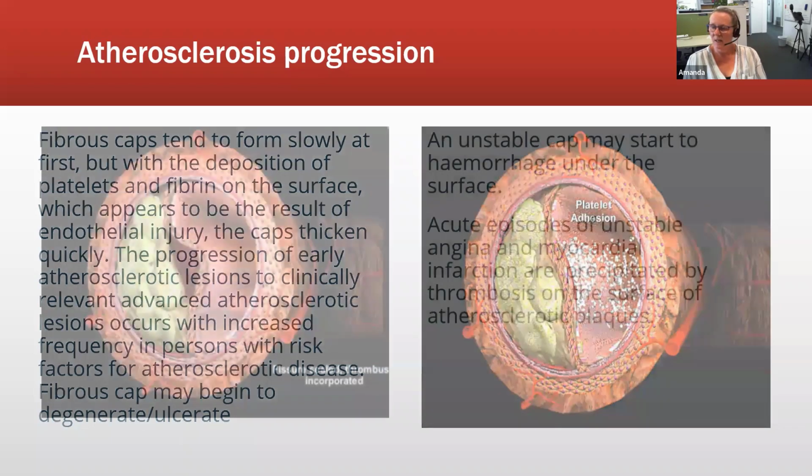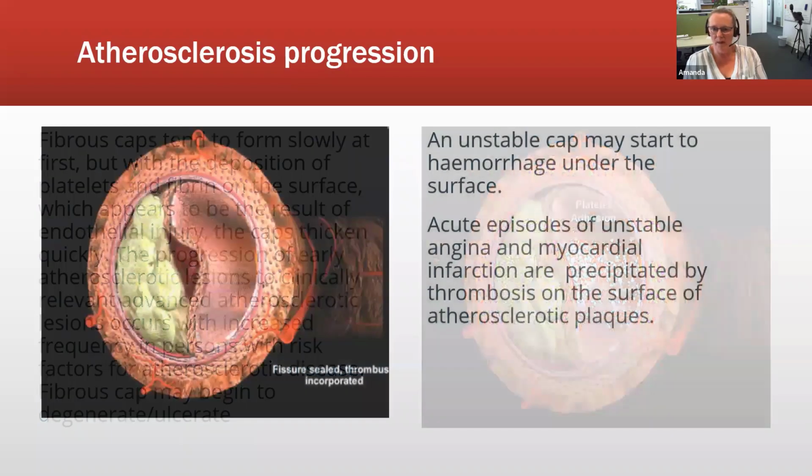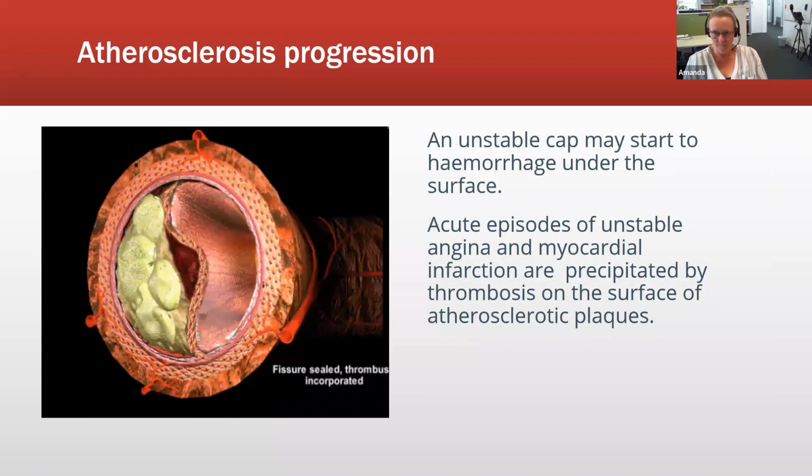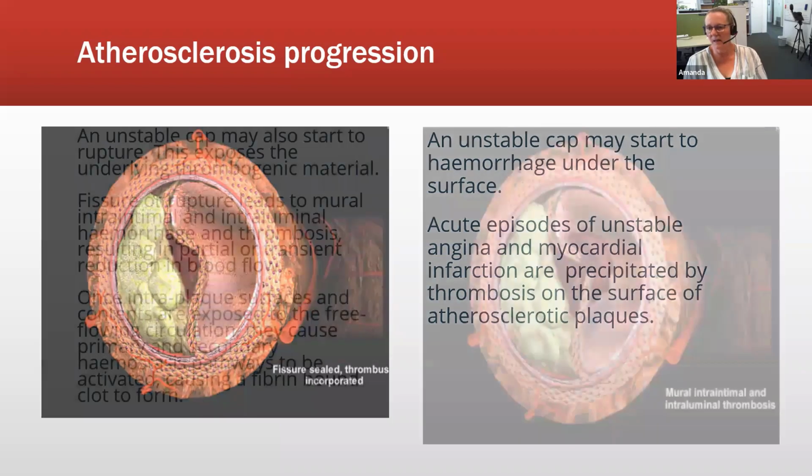And then we have this next stage where actually thrombus is starting to form, and we can see here there's a hemorrhage that starts to form in behind the endothelial lining. And without anything to stop the hemorrhage, it is just going to keep getting larger. And so the next stage is that it can actually rupture.